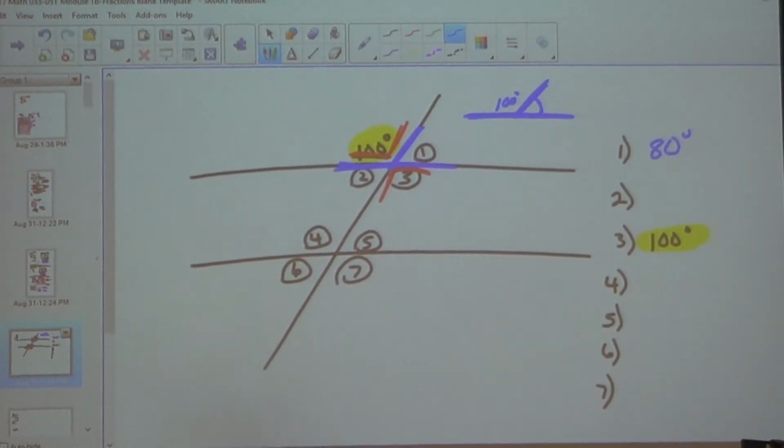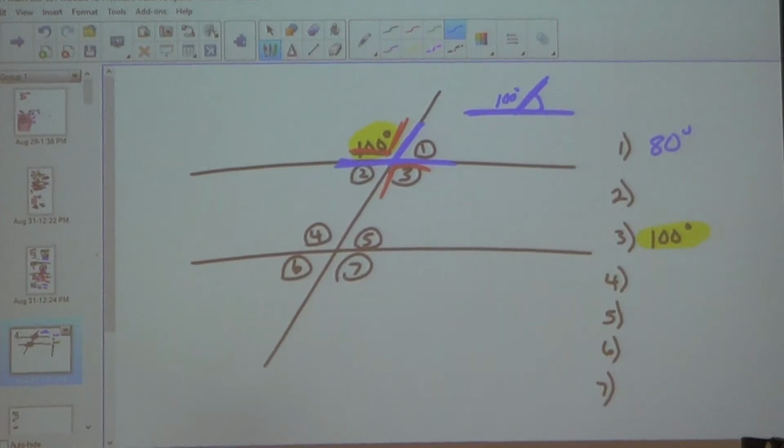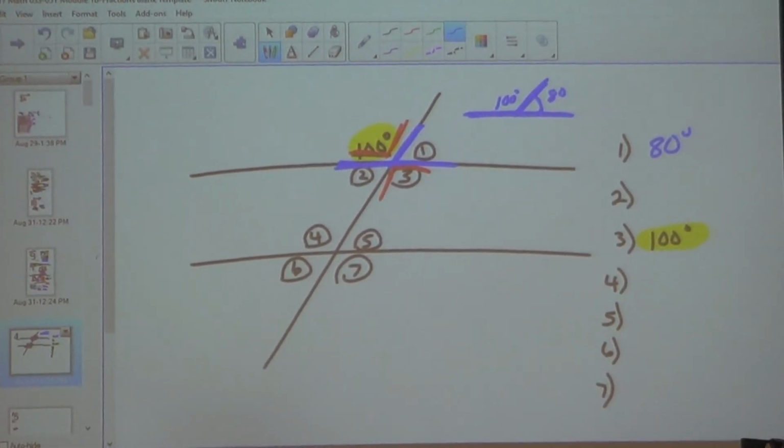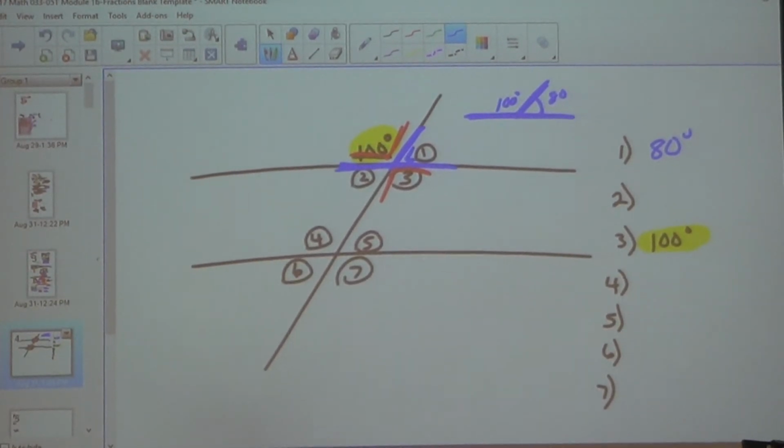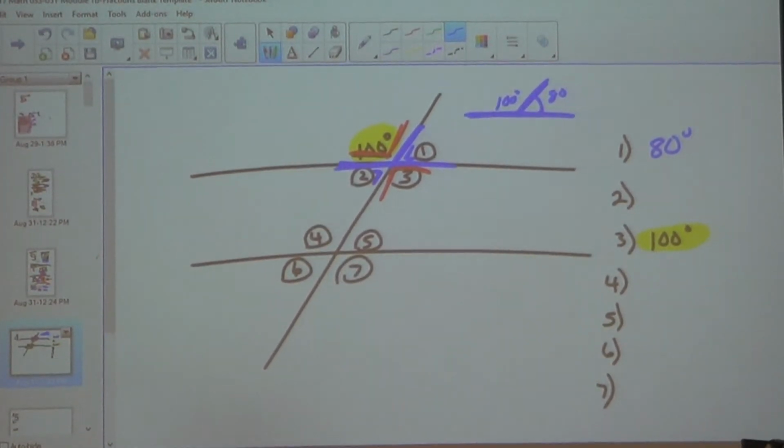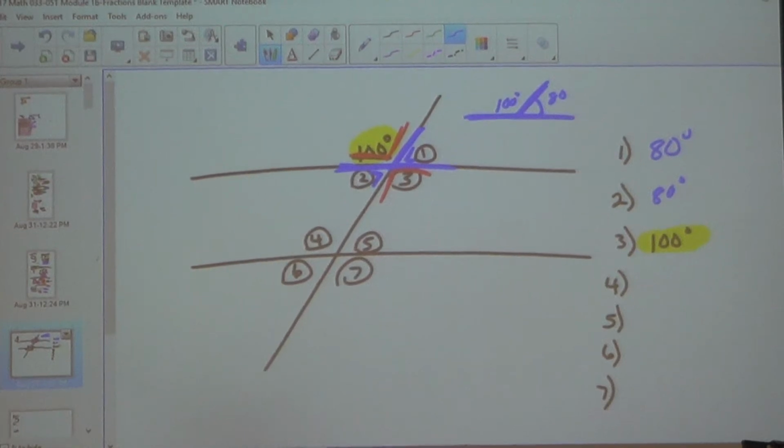So what should those two add up to be? 180, which means that one has to be 80 degrees, because they're supplementary, they make a straight line. Y'all with me? So, what do we know about him and him? They're the same because they're vertical. Vertical. Butterfly wings. We cool?